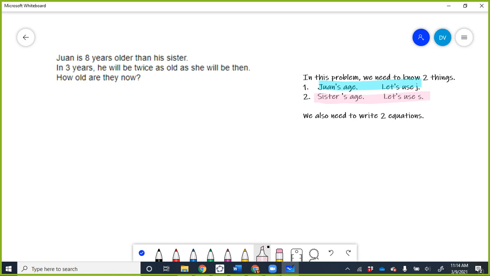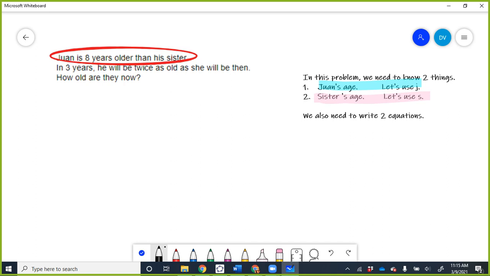Like it says, we also have to write two equations. A different color now, I want to use red to represent an equation that we're going to get from this sentence. We need to write an equation that says Juan is 8 years older than his sister. The first part, I think you'll find easy. To write Juan is, we're just going to say J equals.